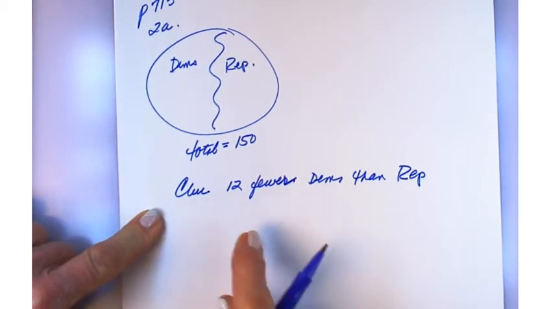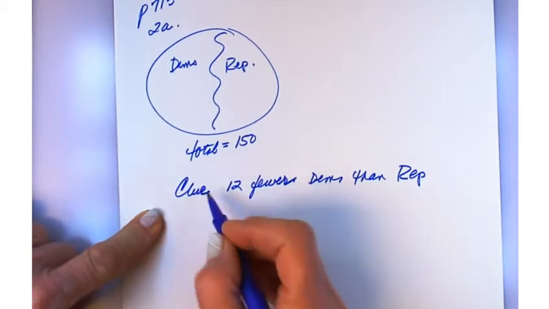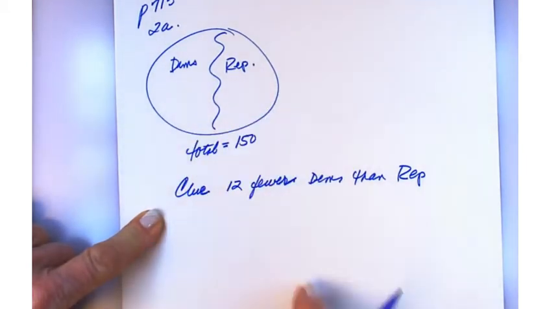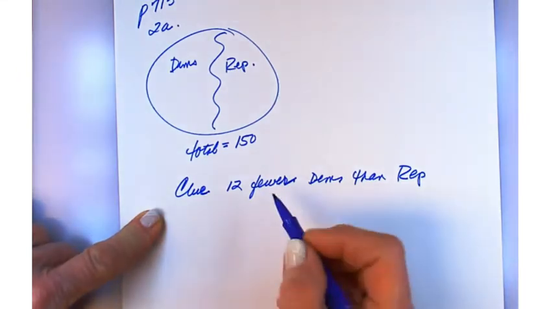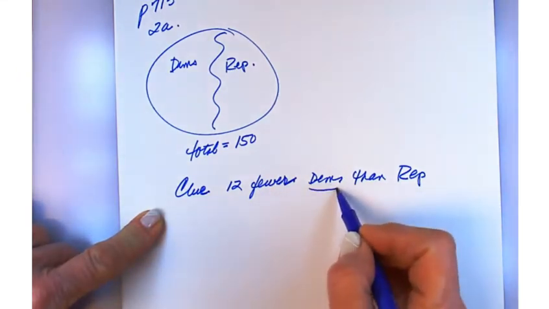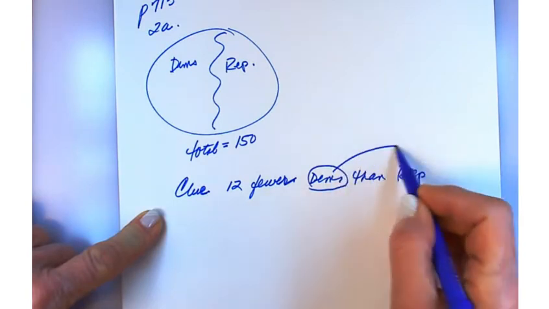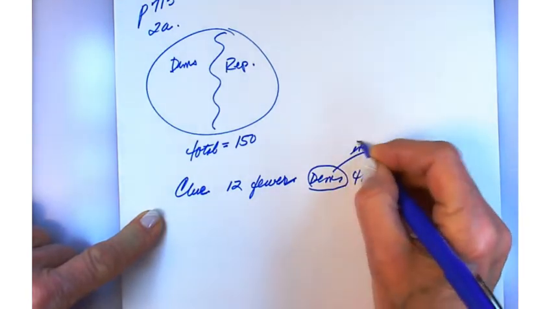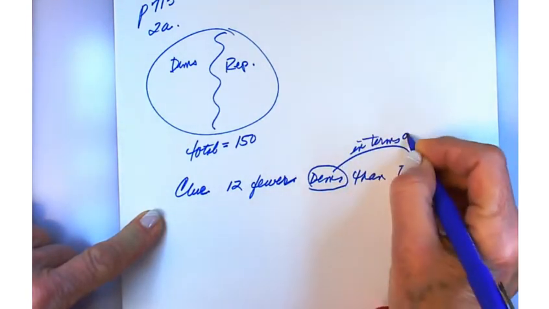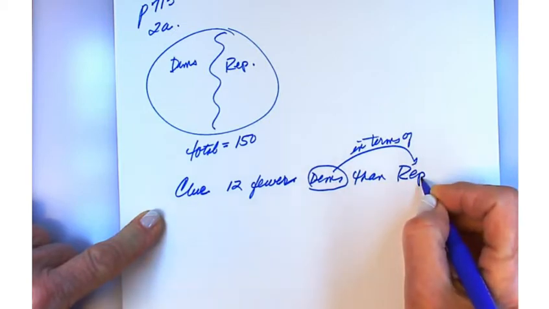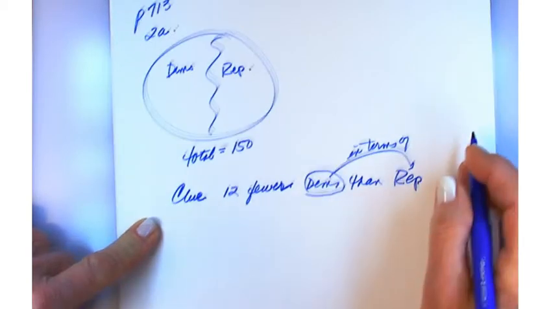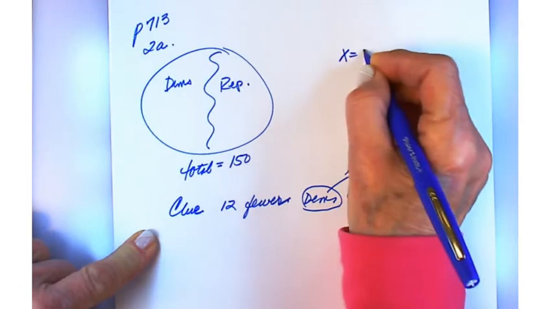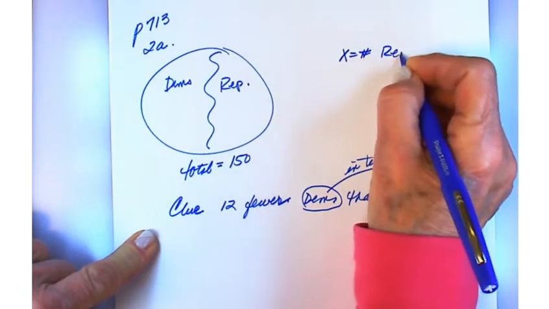Should I let it equal the Democrats? Should I let it equal the Republicans? Notice that Democrats is in terms of Republicans. So I'm going to let X equal the number of Republicans.